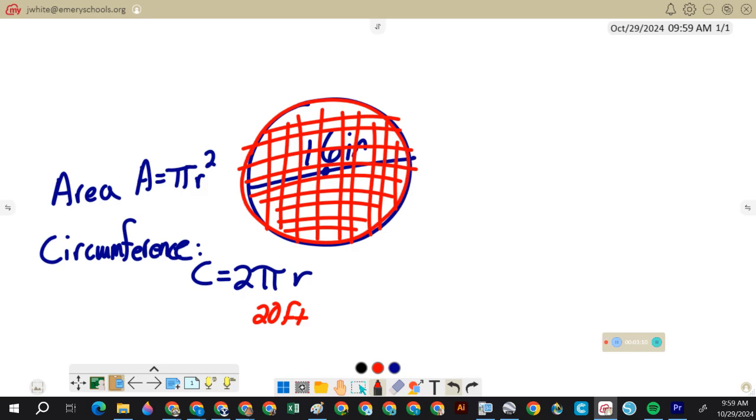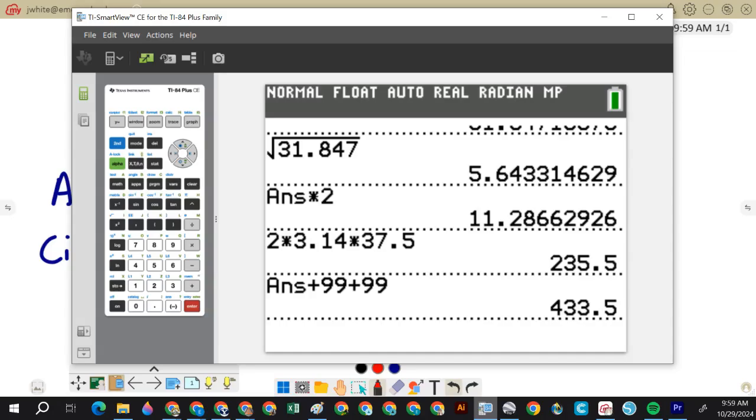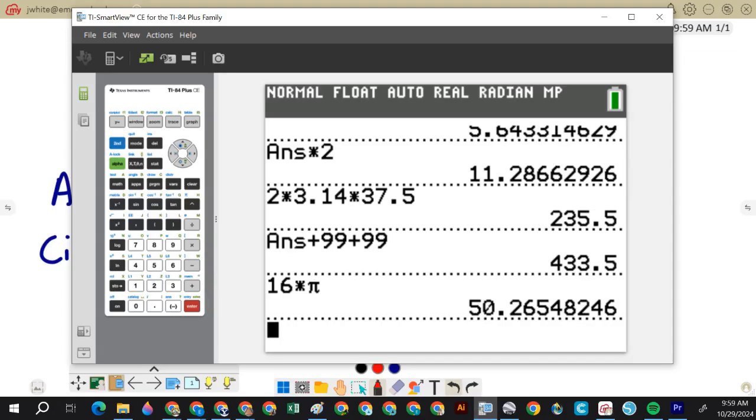So let's find the circumference. So here r is going to be 8. So 2 pi times 8. Now there are two ways to write this. We could either say 16 pi inches, or we could use our calculator and do 16 times pi, and we get 50 point... it doesn't want us to use pi.